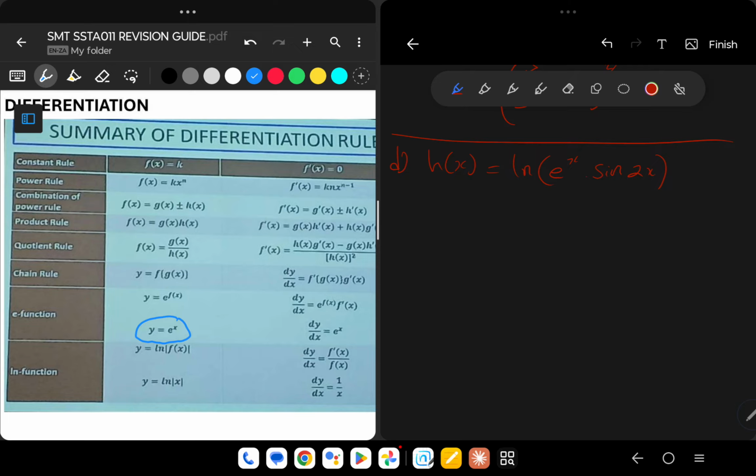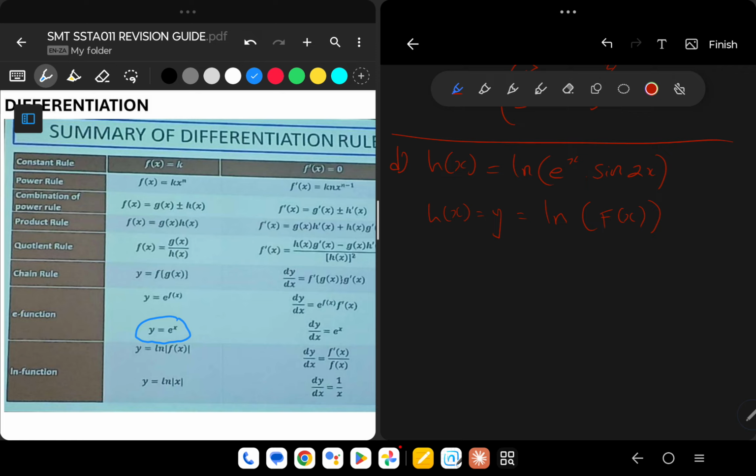And if you check inside the ln there, we have something of this kind: h at x, which is just our y, equals ln of f at x. We have a function inside the ln there.